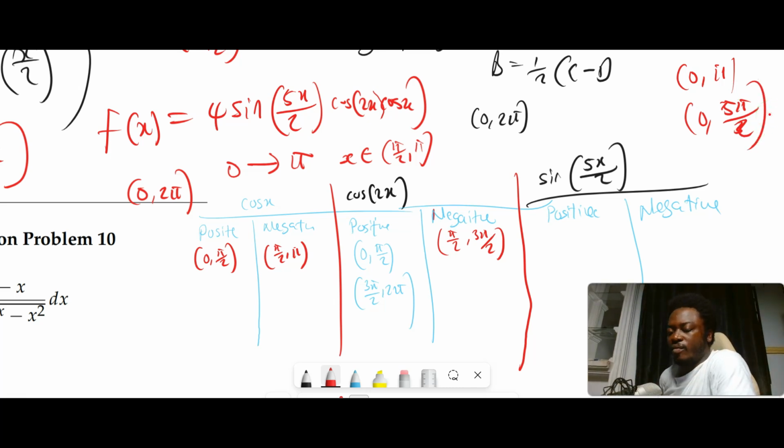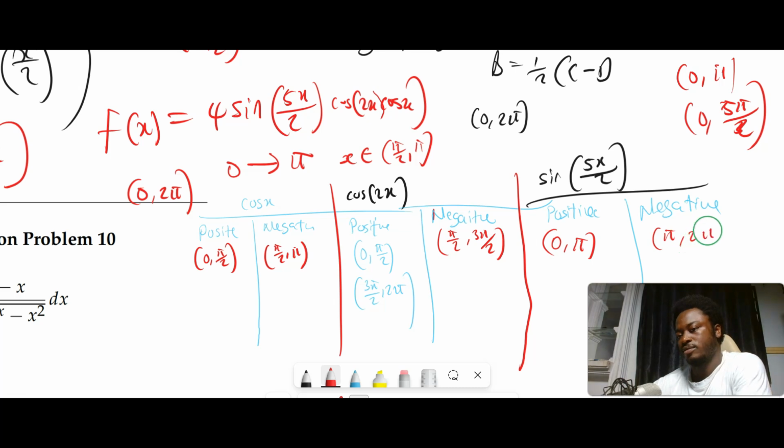We need to go through the circle and stop at pi over 2. On the first turn, it is positive from 0 to pi, then negative from pi to 2 pi, then positive from 2 pi to 5 pi over 2.